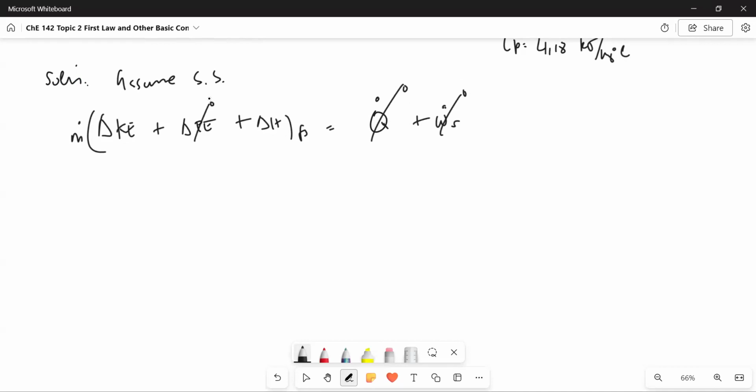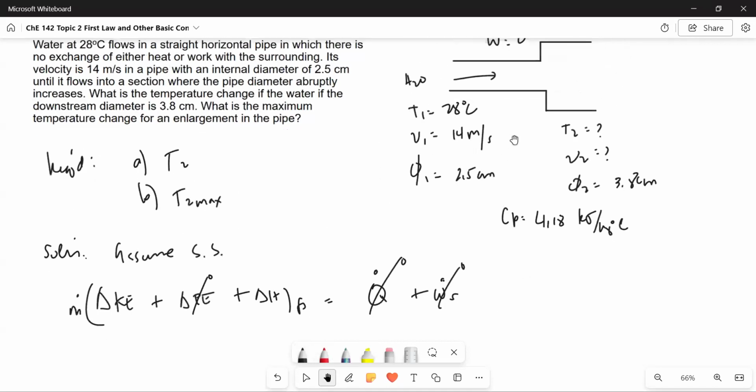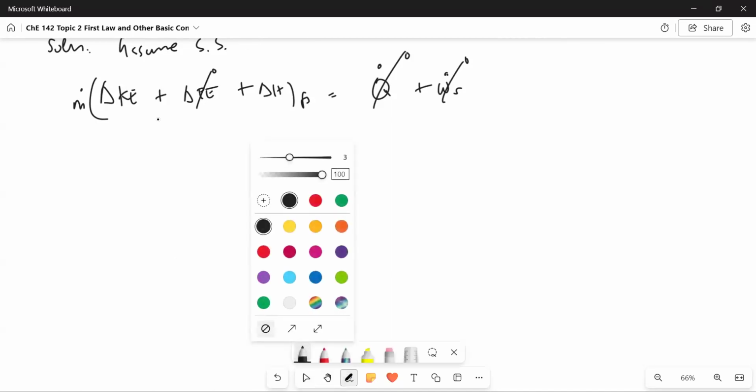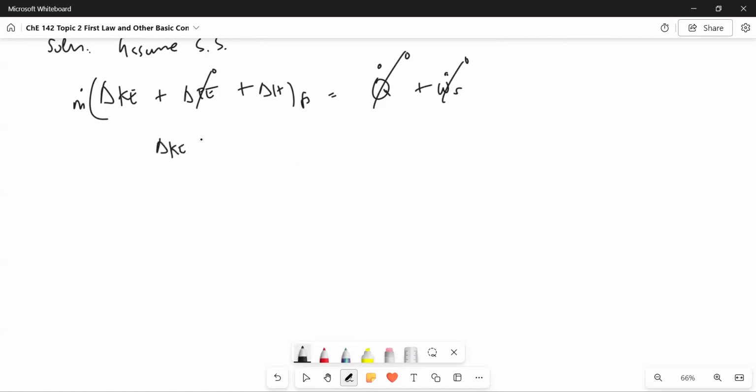Potential energy, there's no mention. This time, there's a mention of velocity, so we cannot assume 0 for the kinetic energy. So we are left with delta KE plus delta H of a flowing stream equal to 0.